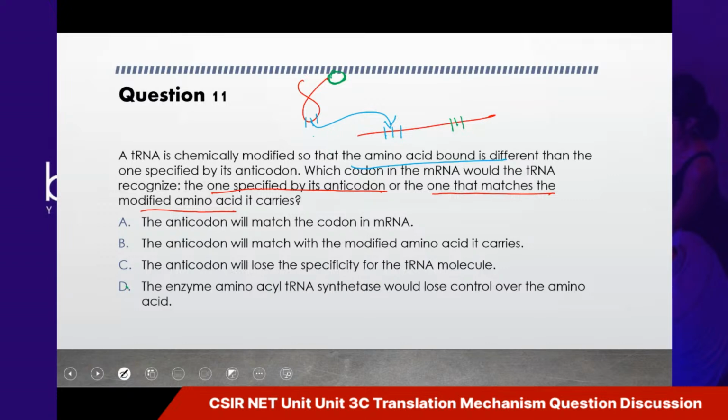So to make sure that this kind of mistake does not happen, the work of aminoacyl tRNA synthetase is very important. It has to make sure that every tRNA is charged with the proper amino acid. The amino acid is matched with the tRNA, the anticodon will match with the codon in the mRNA.